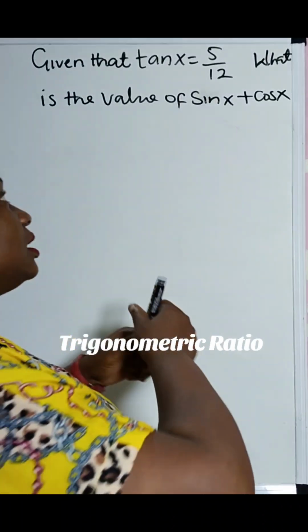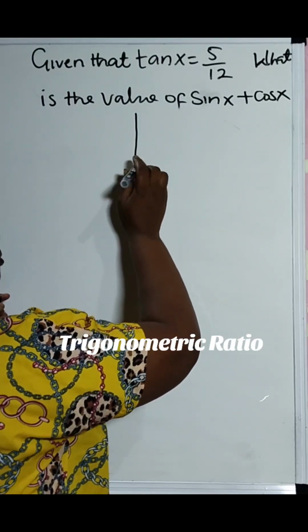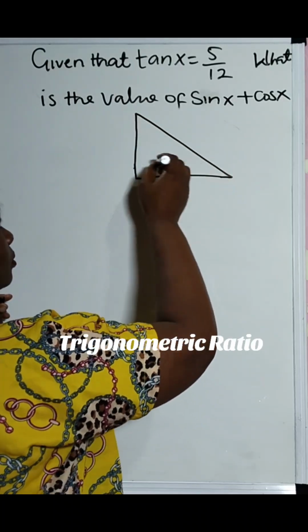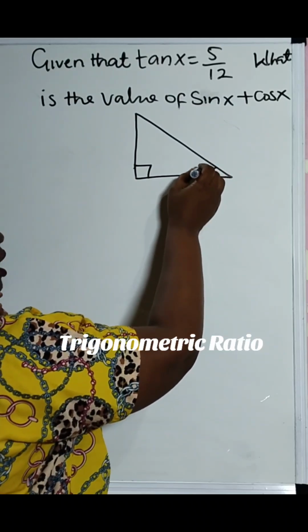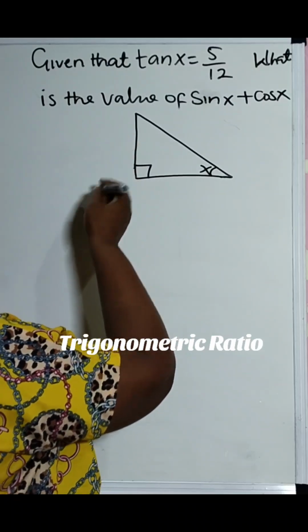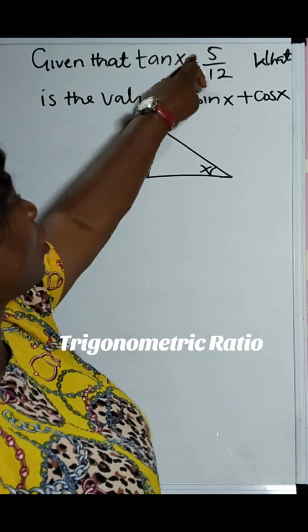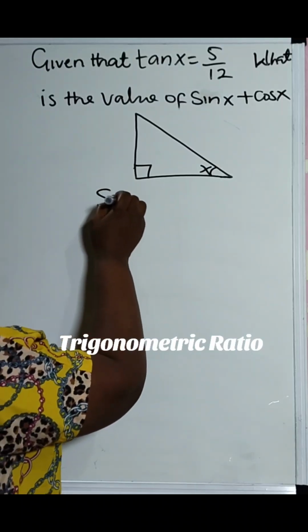First thing is, let's draw our right angle triangle. Here will be our angle 90. Here will be our angle x. Now, given that tan x is equal to 5 over 12, let's write our shortcut, SOH CAH TOA.